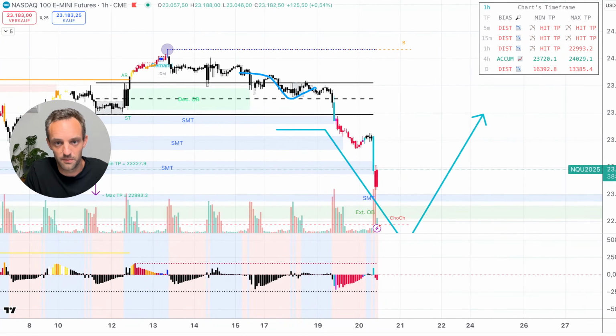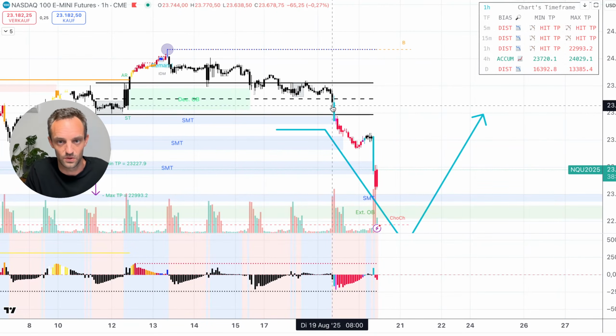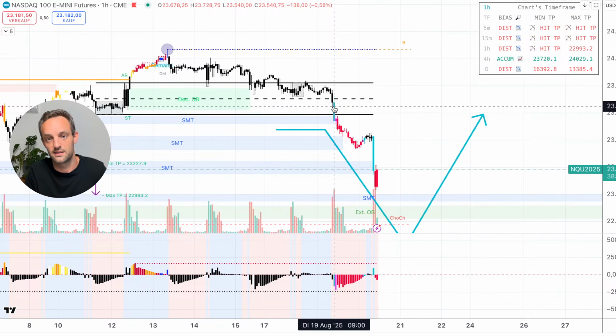Then we went back into the range, and now we got a colorful candle on the breakout of this wabi-sabi Wyckoff range. So this is the sign that this one is really going. You could take yesterday morning, you could take short trades. I was really short.